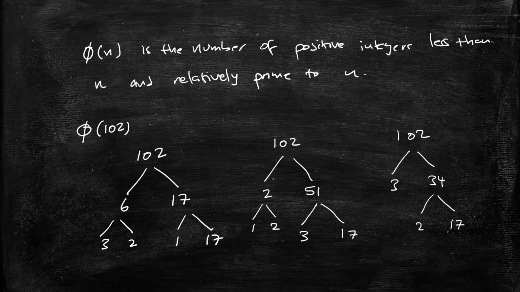So what we're going to do is come up with a way to find those numbers, and we'll come up with a formula on how we can compute this. So let's go ahead and take a look at the formula.